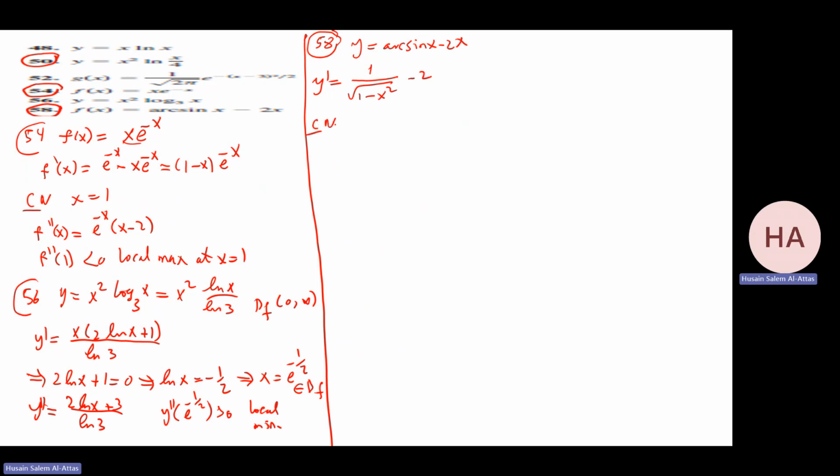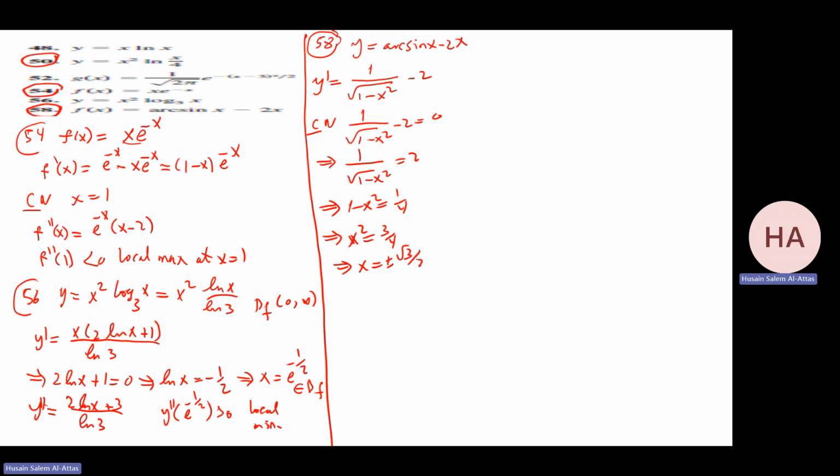To find critical numbers, I need to solve this equation, which implies this equal to 2, which implies what? 1 minus x squared equals 1 over 4. So I have x squared equal 3 over 4. So I have x equals plus or minus square root 3 over 2.